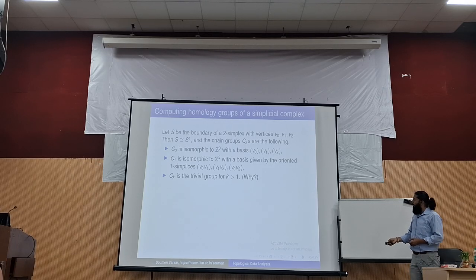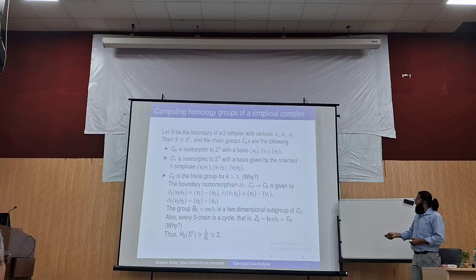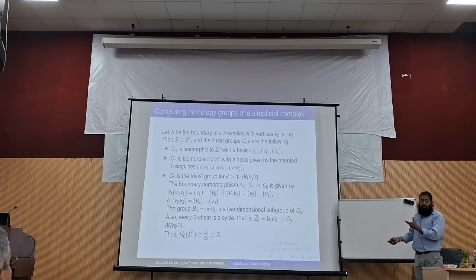So the chain map will be like this; if you know this map very well, then you can get it. So if we take this one, by definition, now the question is, what should it be? Whether V1 plus V2 or minus. If you take this plus, then the composition will not be 0.